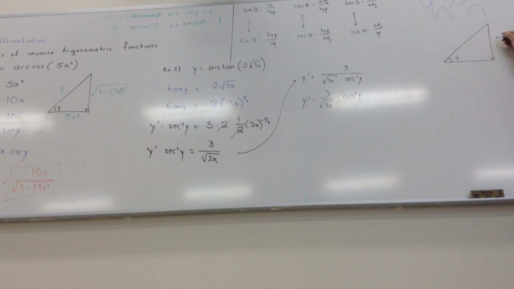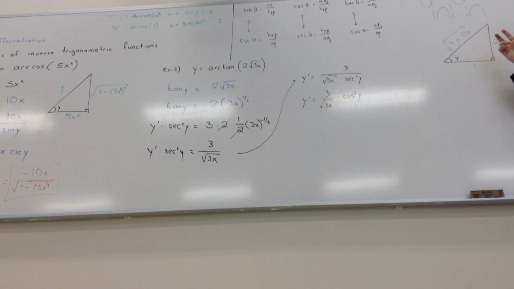Opposite is going to be 2 square root of 3x, adjacent is going to be 1, and the hypotenuse? Square root of 1 plus the square, 4 times 3, 12x.